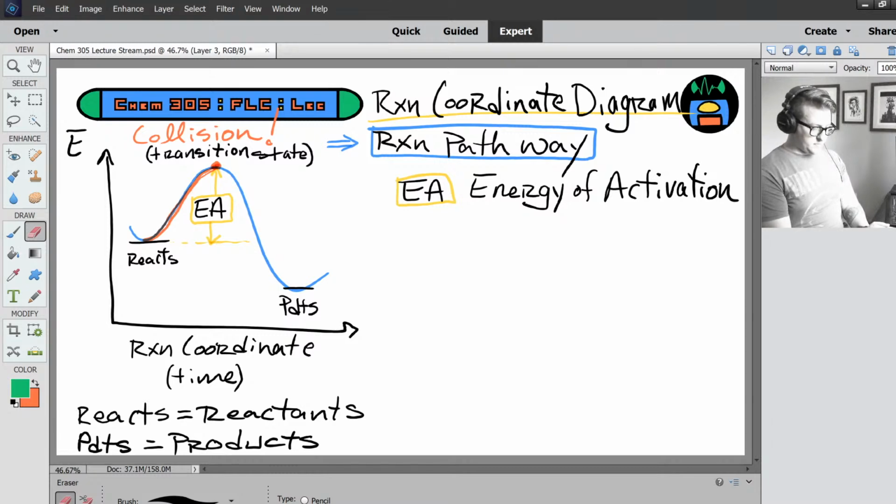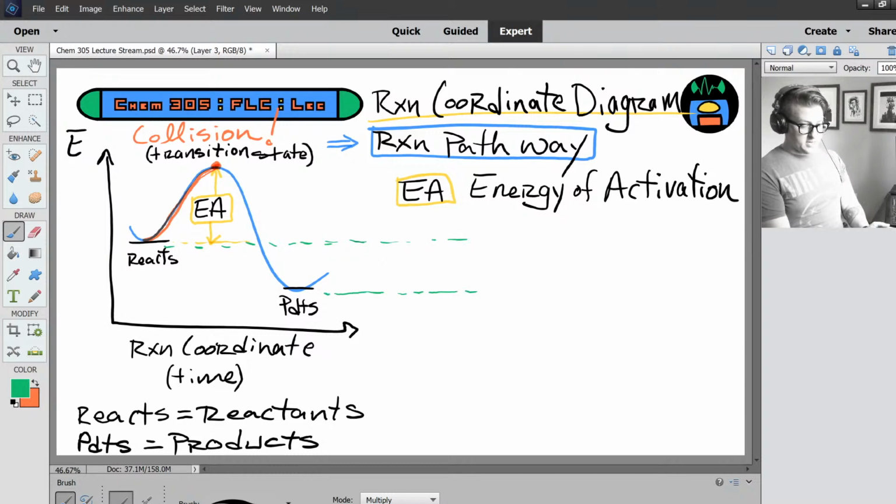If you take the difference between the energy of the reactants and the energy of the products, this right here is the energy of the reaction, and you can see, because the products are lower energy than the reactants for this reaction, we would say that energy is released.